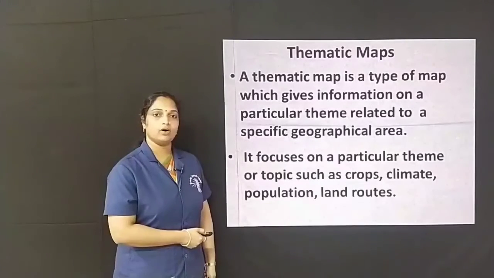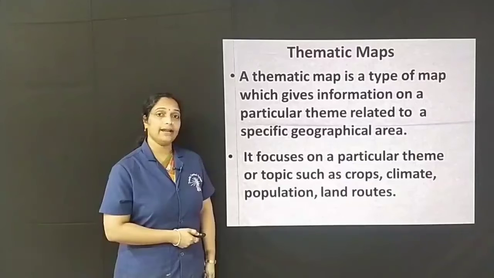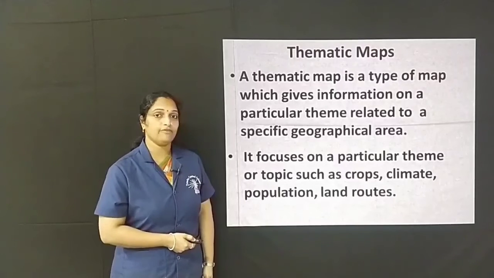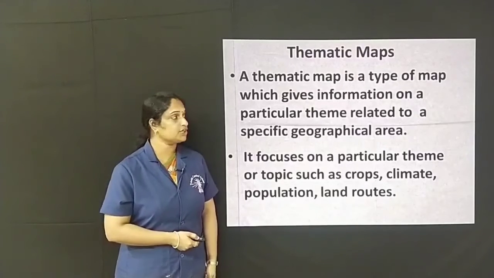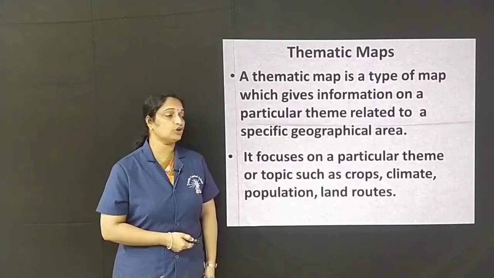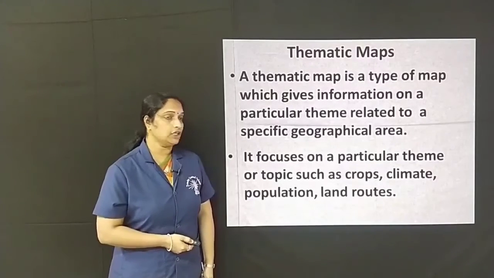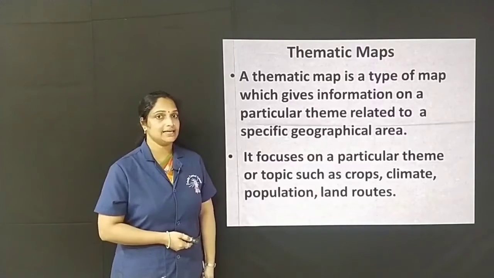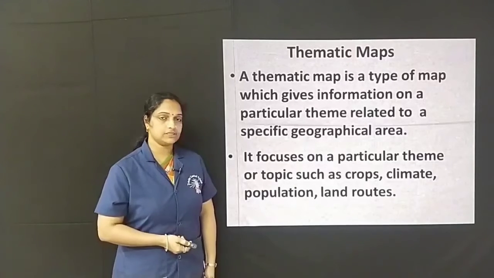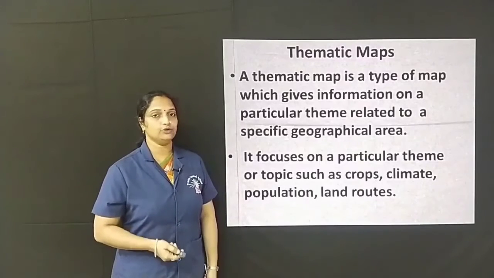Next we are going to study about thematic maps. What do you mean by a thematic map? A thematic map is a type of map which gives information on a particular theme related to a specific geographical area. It focuses on a particular theme or topic such as crops, climate, population and land routes.